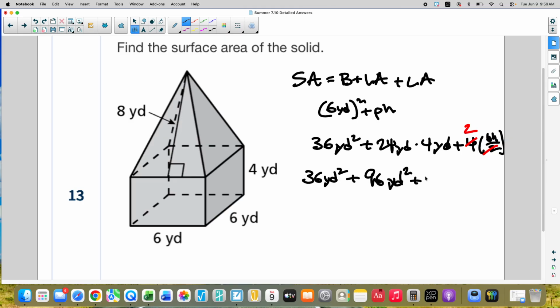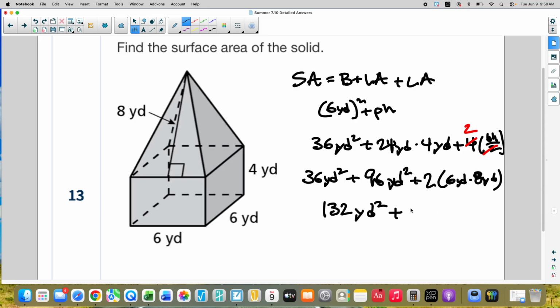So that's going to be 2 times my base, 6 yards, times my slant height, which is 8 yards. So we got 96 and 36. 36 plus 96 makes 132 yards squared.